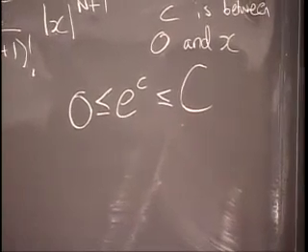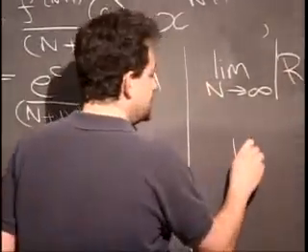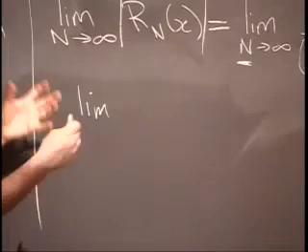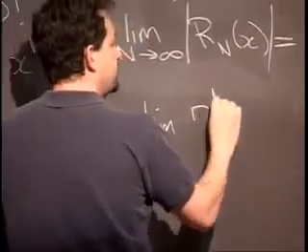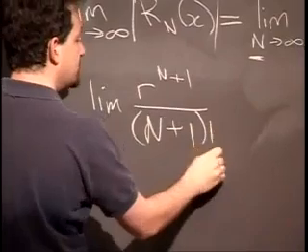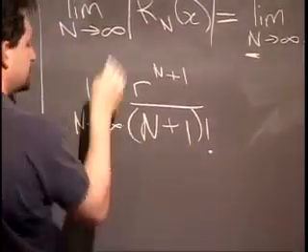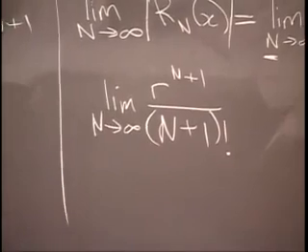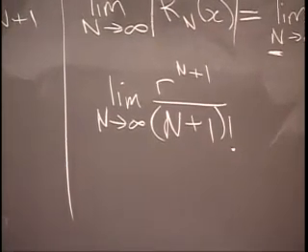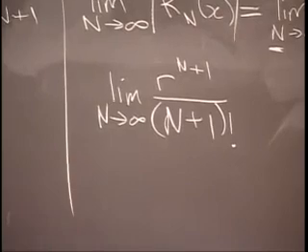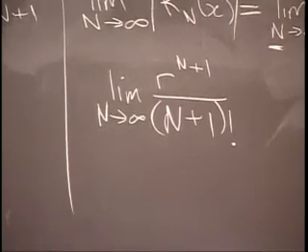Now we're going to use the sandwich principle. What I want to know is, what is the limit of r to the n plus 1 over n plus 1 factorial, where we replace the absolute value of x by r so that we're not confused about anything like this. What do you think this limit is? Well, it's an exponential on the top, but it's a factorial on the bottom. And it turns out factorials grow much faster than exponentials.